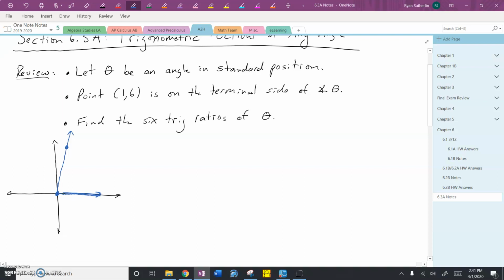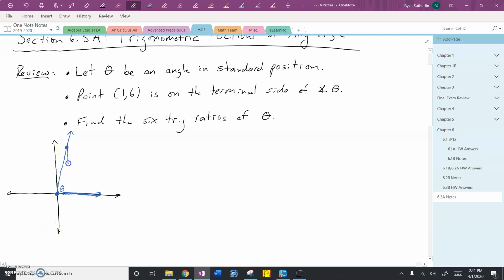If this is theta, we want to find the value of the trig ratios of that angle. Now this fits into what we've been doing previously because it is an acute angle, less than 90 degrees. In this section we're going to start looking at angles in quadrants 2, 3, and 4 and how that changes the values.